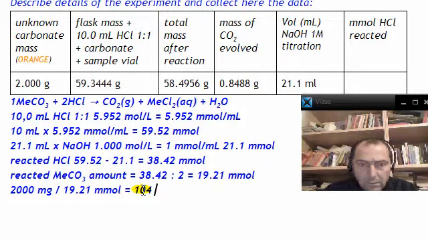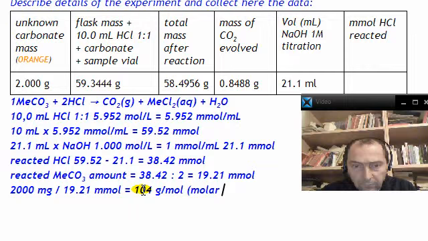This is the molar mass, grams per mole, the molar mass of the unknown carbonate.